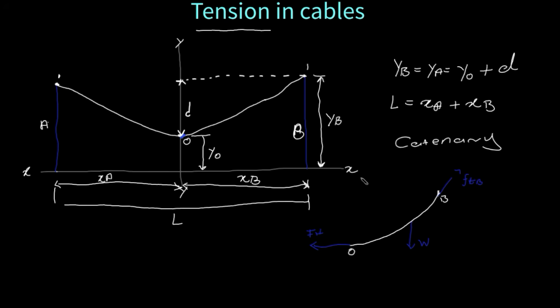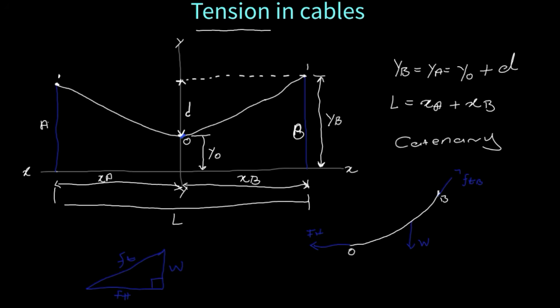Therefore, if they are balanced, like we said, we can draw the triangle of forces to represent them, or we can represent them graphically like this, where this will be our W, this will be our Ft, and this will be our Fh. And we can tell that this is a right angle triangle.